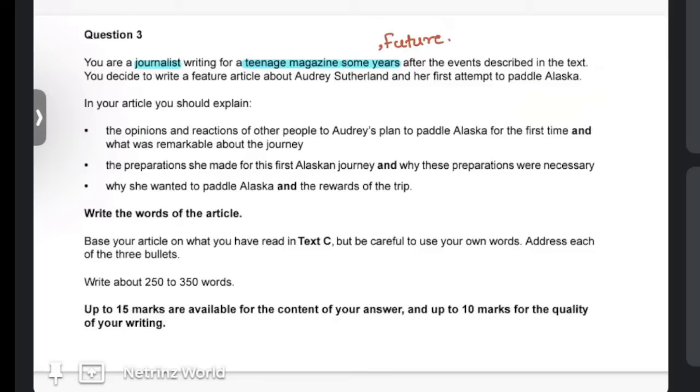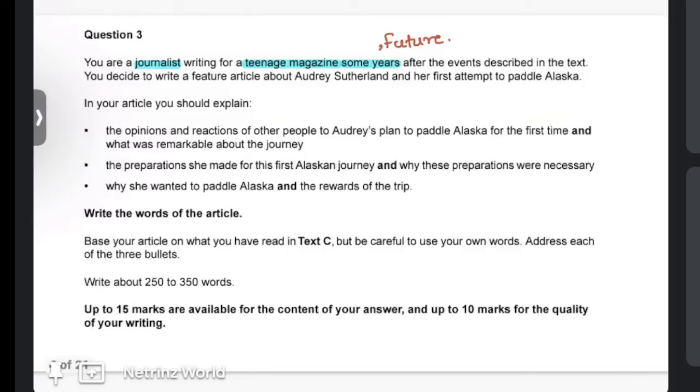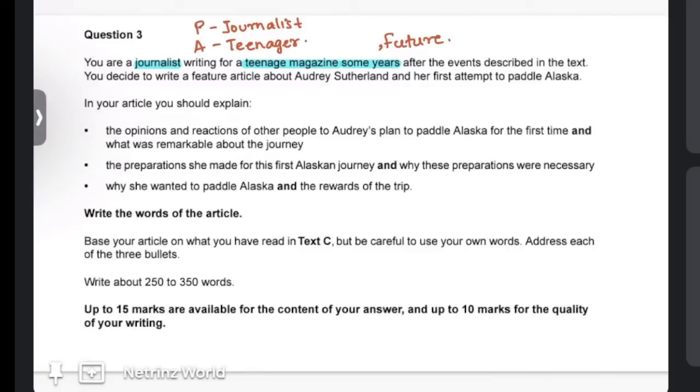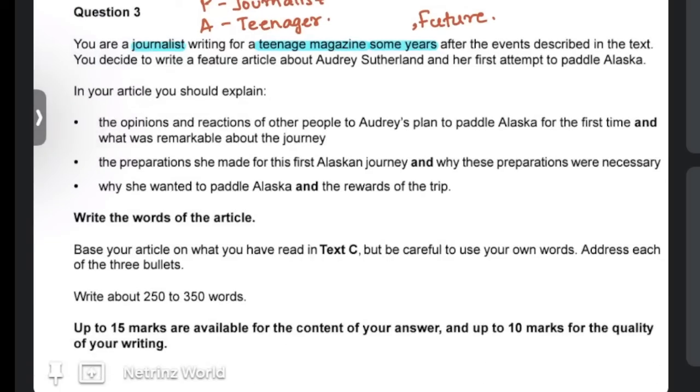We have to identify perspective, audience and purpose. So your perspective is you are a journalist. Your audience are teenagers, and a very important thing over here is purpose. You are writing in the future after the events described in the text.